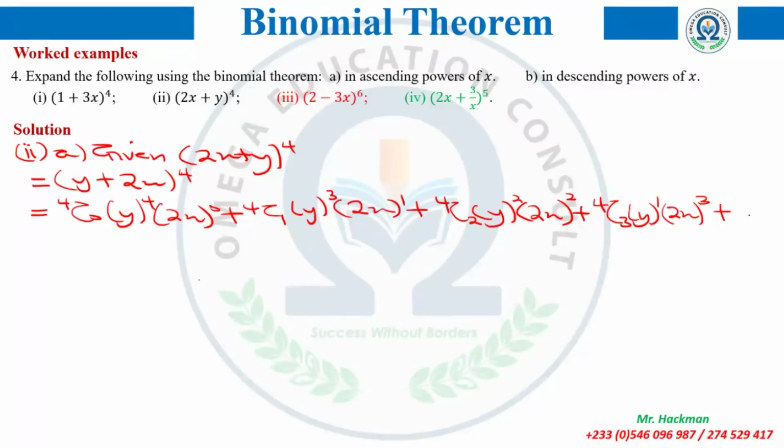Then plus, 4 combination 4, y to the power 0, then 2x to the power 4.